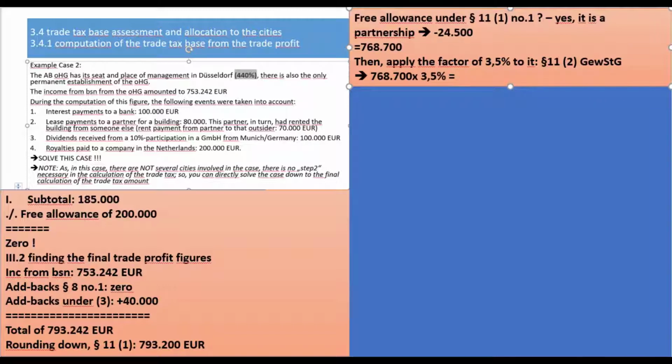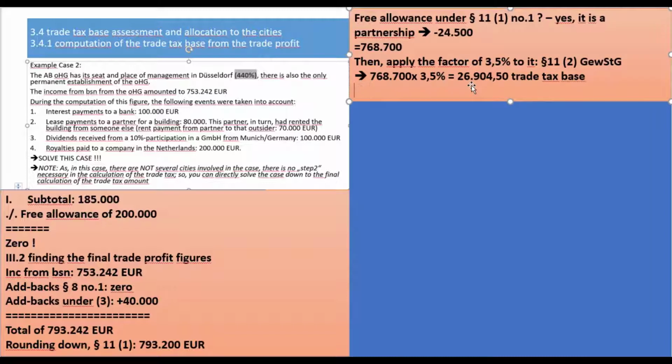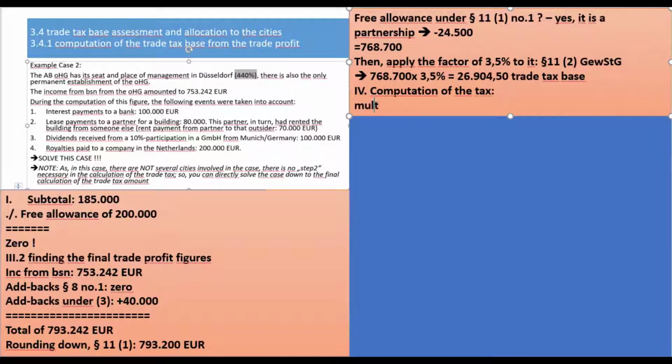You see, I always write that down because if I make a calculation mistake or a typing mistake, in principle, that would be greatly helpful in an exam or when somebody checks your documents, so that they can distinguish if you made a careless mistake or overlooked something, or if you did something on purpose. So for something on purpose, you would naturally go to prison. Good. This is our final trade tax base.